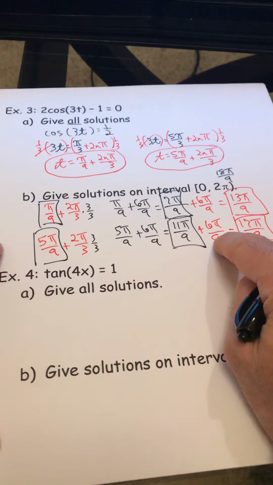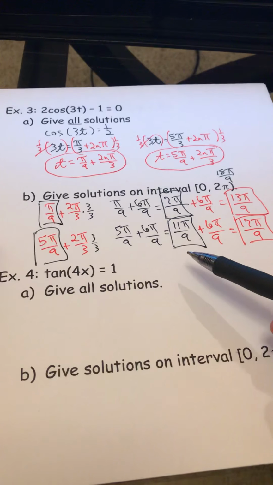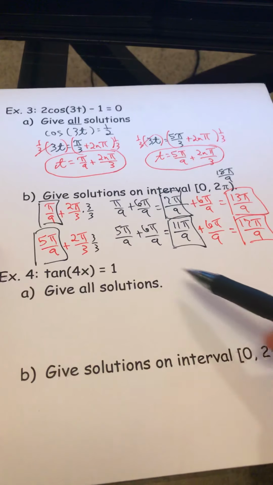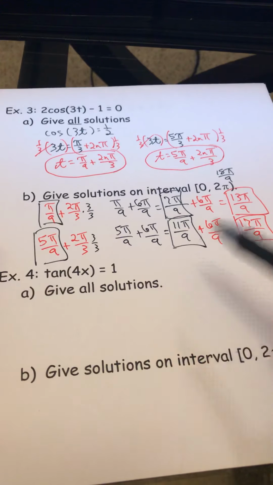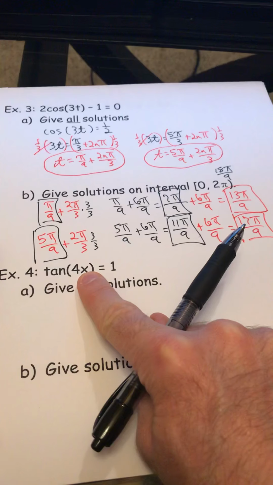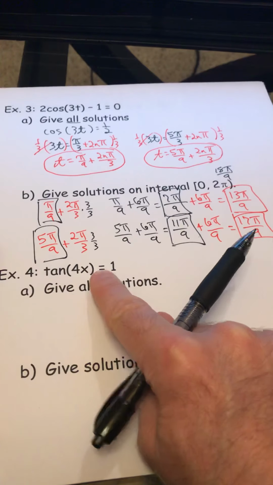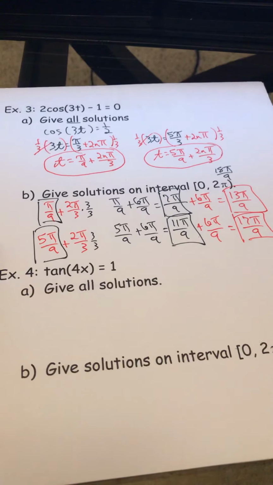All right, for our next problem, tangent of 4x equals 1. Again, give all solutions. Well, to start, here the nice thing is we have the trig function already isolated. So now we're essentially just looking at where does tangent equal 1 on our unit circle.